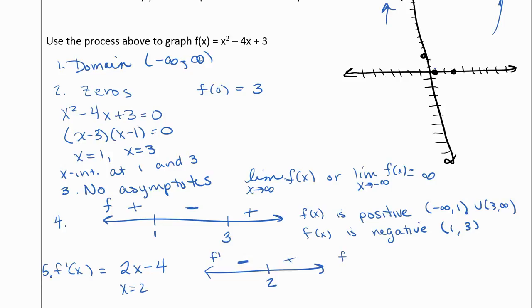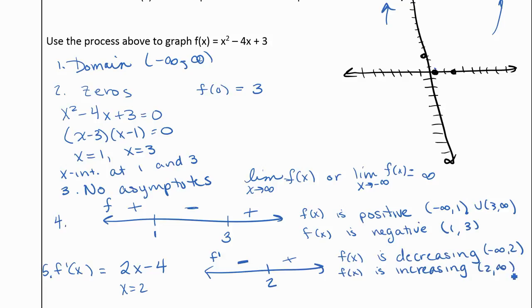So f of x is decreasing from negative infinity to 2, and f of x is increasing from 2 to infinity.